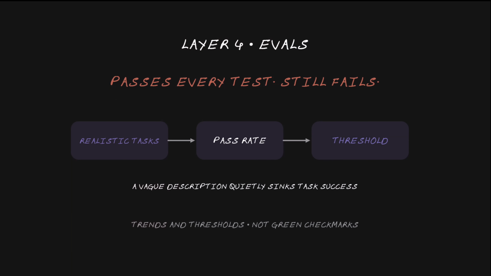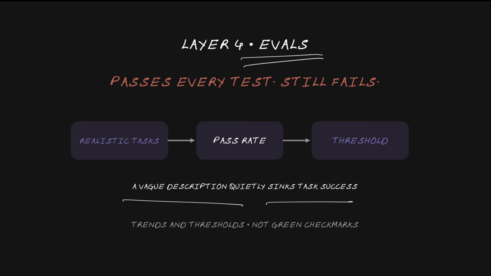Alright, so here is the last layer, that is evals. This one is a little bit strange for us. Your server can pass every test I just described and still fail in production because your model can't figure out how to use your tools. Let's say there is a vague description or an ambiguous parameter name that makes your task unsuccessful.